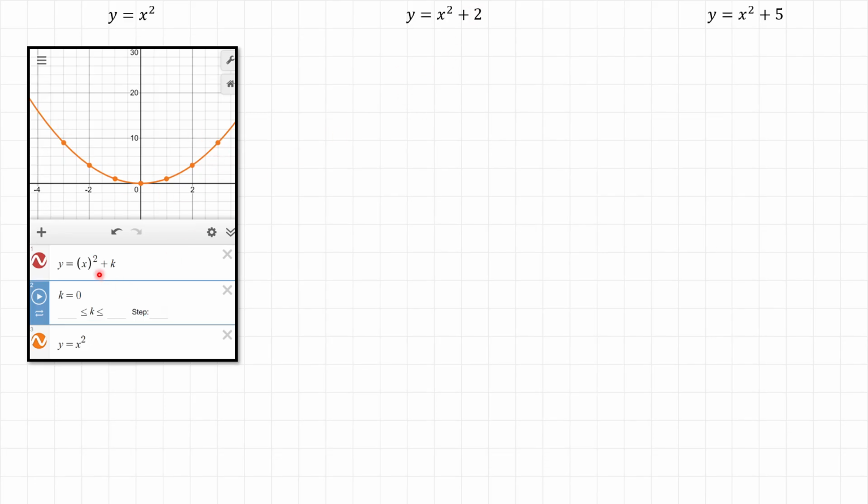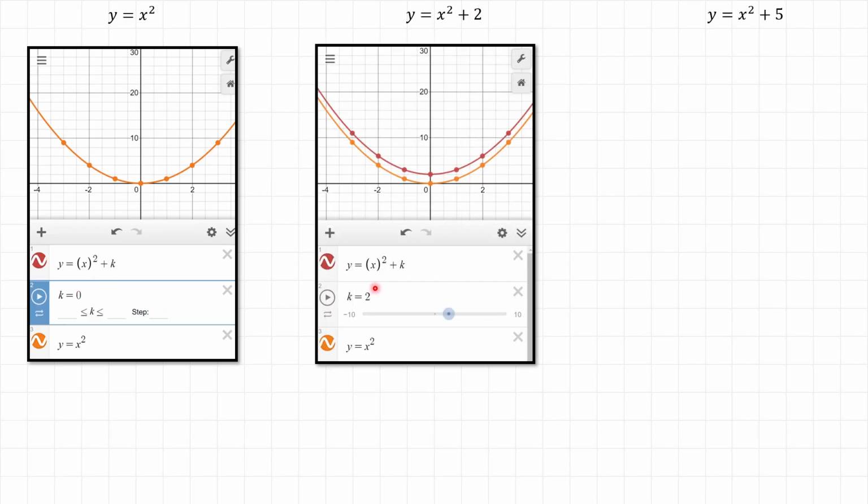If I make the value of k 2, so this would be x squared plus 2, you see that all of these points have been translated up. And it looks like they've been translated up by 2 units. This is 2, 4, 6, 8, 10. So these minor grid lines are 2 units apart.